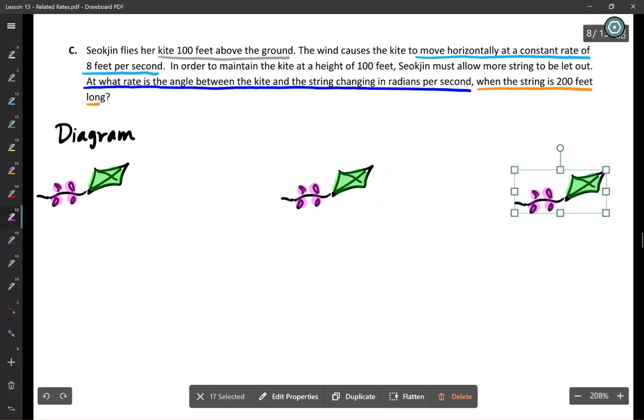And this kite is 100 feet off the ground.